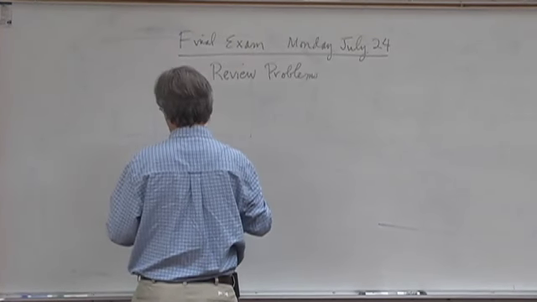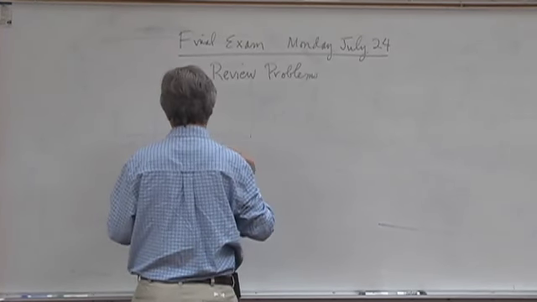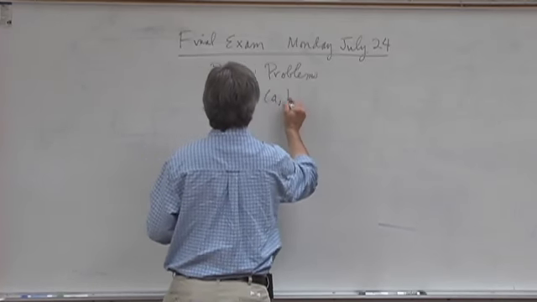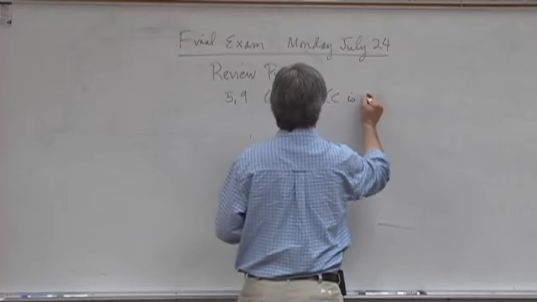Okay. I guess I'll just list them in chronological order by section. 5.9 A, B, C is extra.